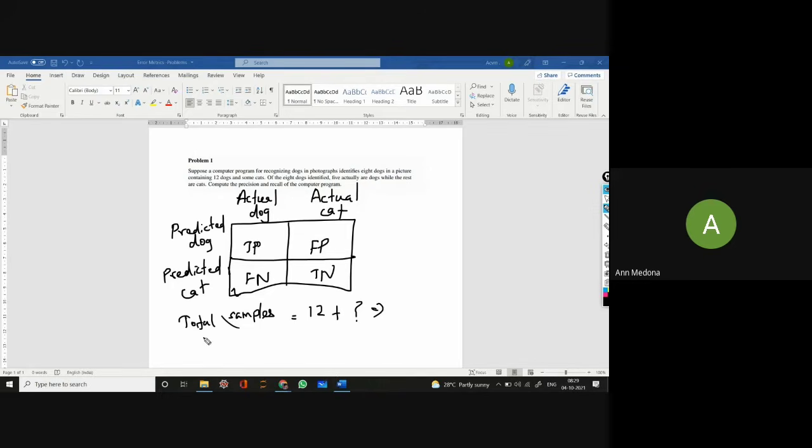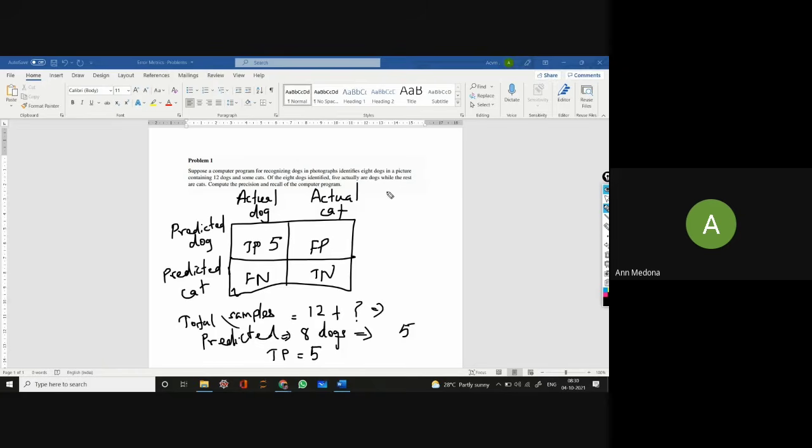They predicted the output as 8 dogs, and out of these 8 dogs, 5 are actually dogs. That means predicted as well as actual value are correct, which is nothing but our true positive. So here true positive value will be equal to 5.